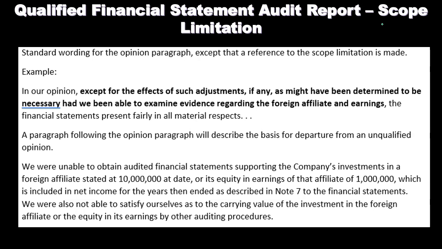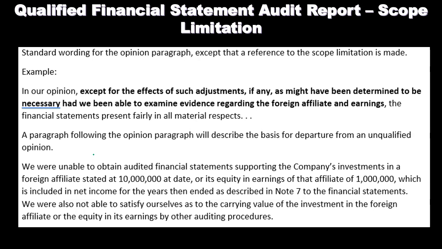What we did audit, this is my paraphrasing by the way, looks like it's in conformity. We believe we have evidence to back up our assumption that it is in conformity with generally accepted accounting principles. We weren't able to get the evidence with regards to this item. And then a paragraph following the opinion paragraph will describe the basis for departure from the unqualified opinion.